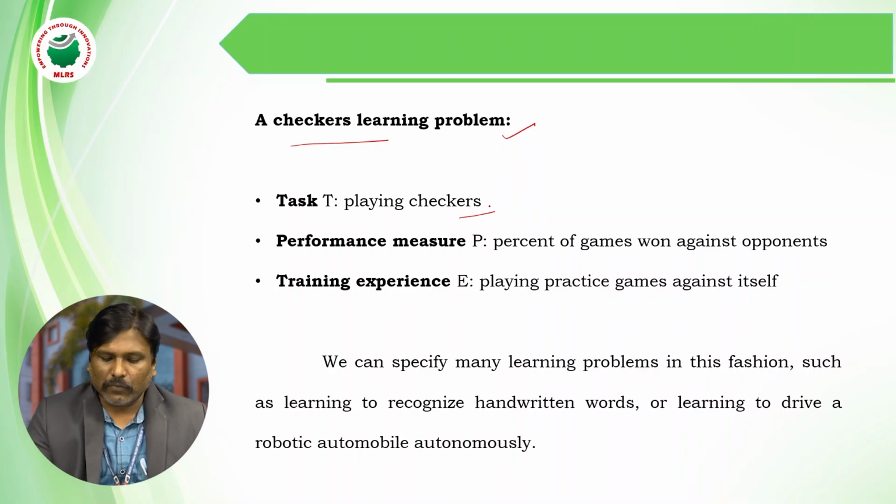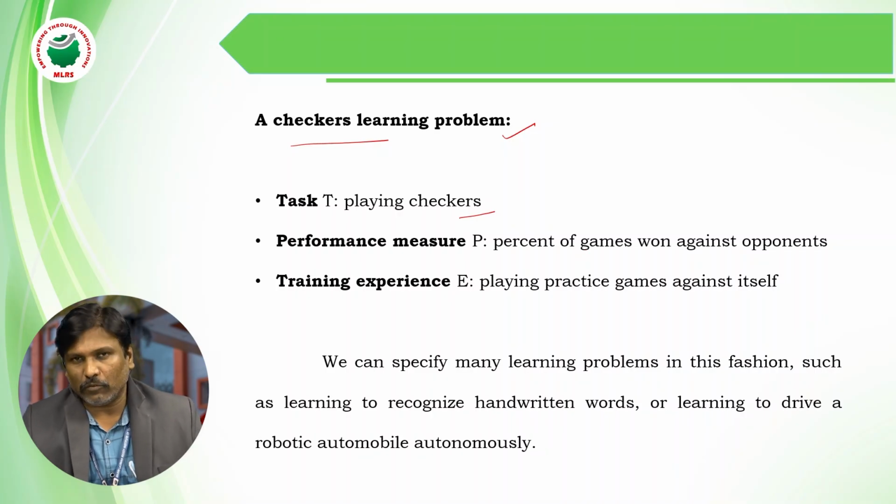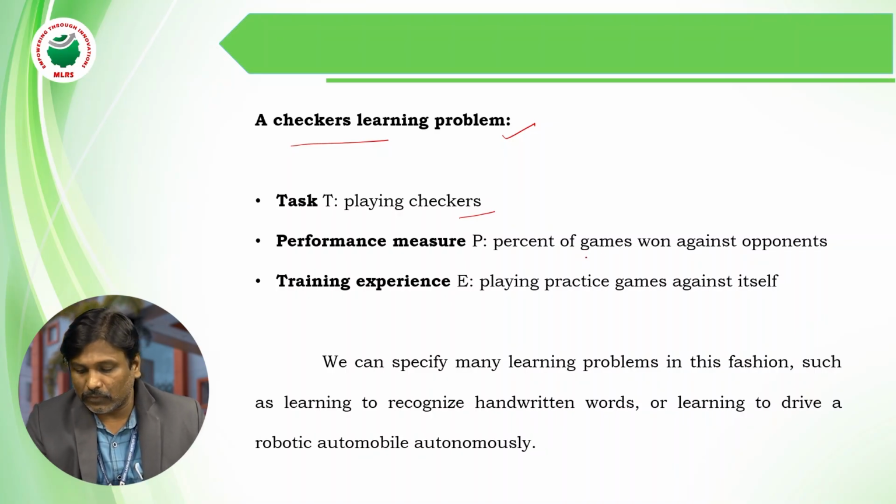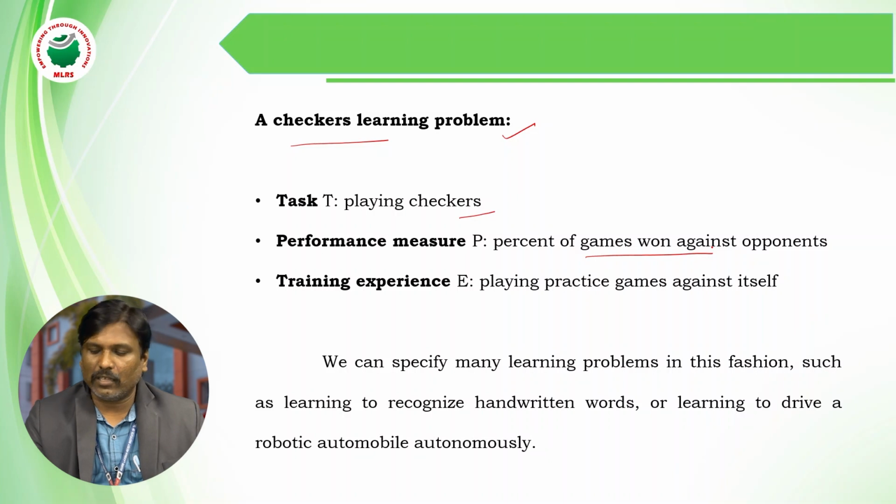And next, performance: how many games I won. That is the percentage of games won against the opponents. That is my performance, measured by P. And next, training experience: how did I get the knowledge to play against the opponents? That is my experience.